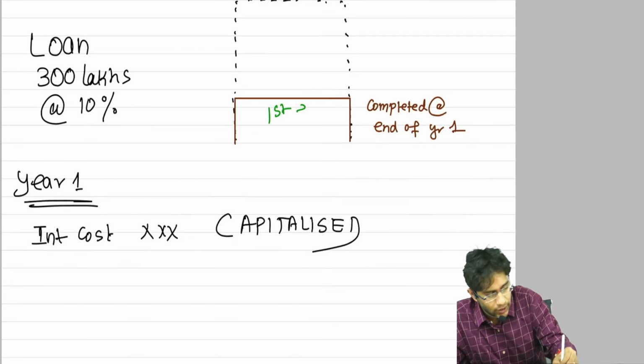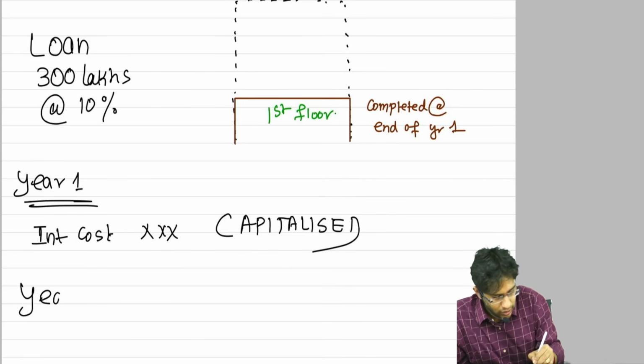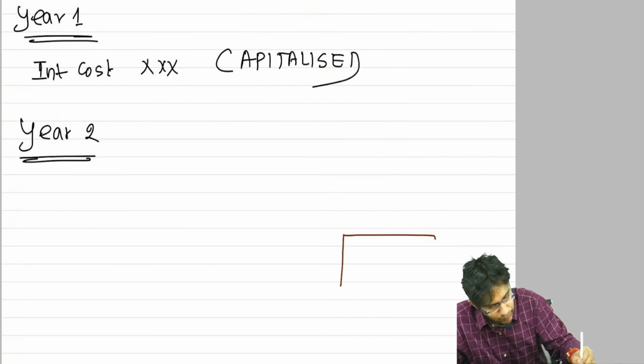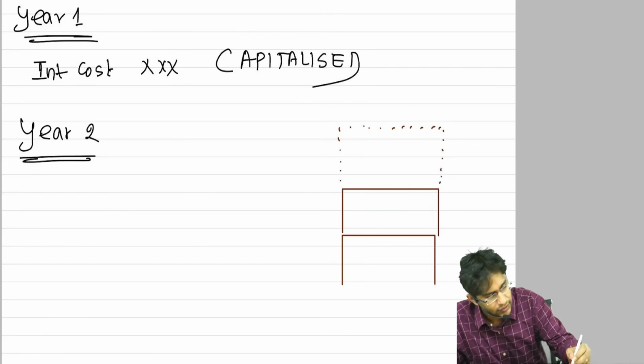Now, this is the first floor. Year 2. In year 2, my position is like this. This is my first floor, this is my second floor, and the third floor is still under construction.